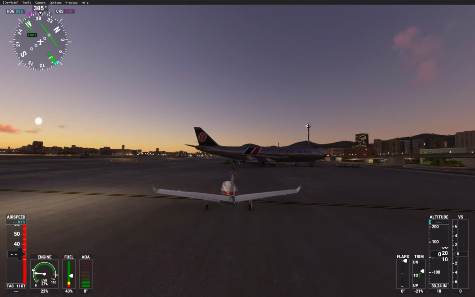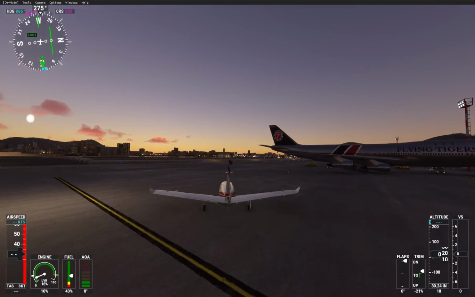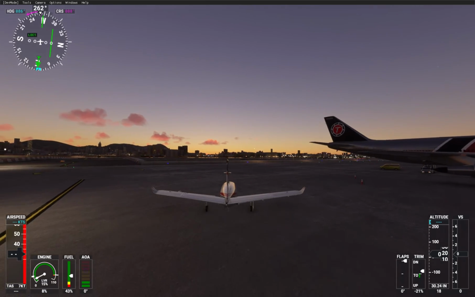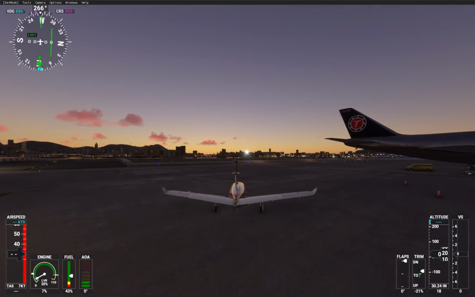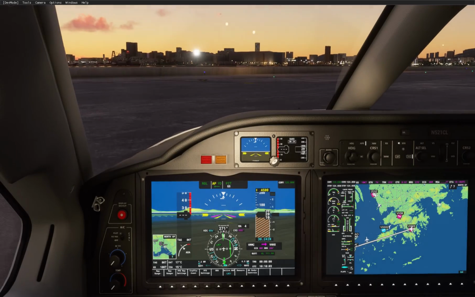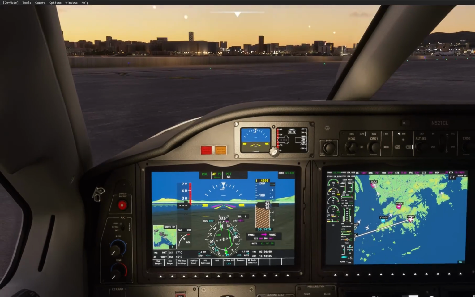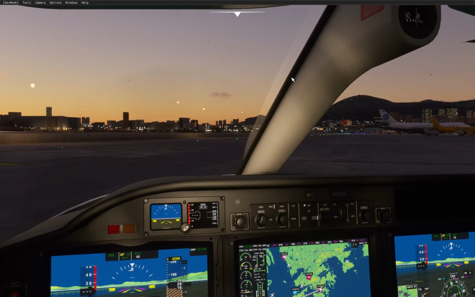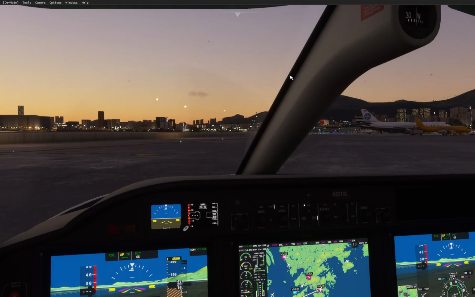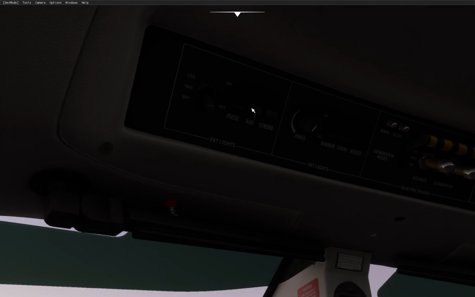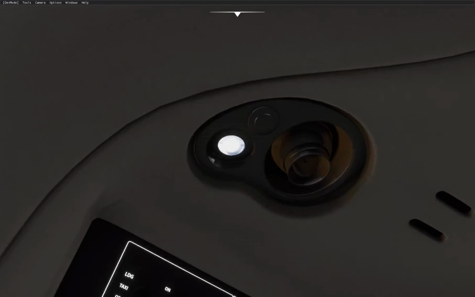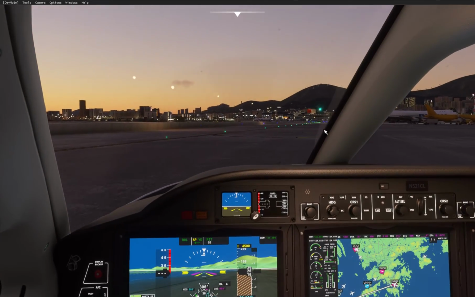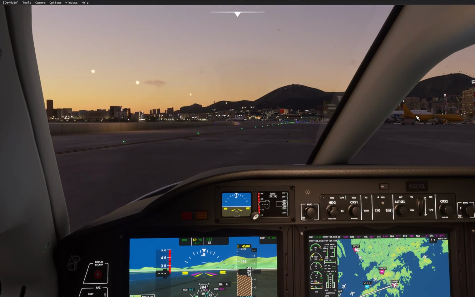Flying Tiger 747. Static model. Pan Am over there.